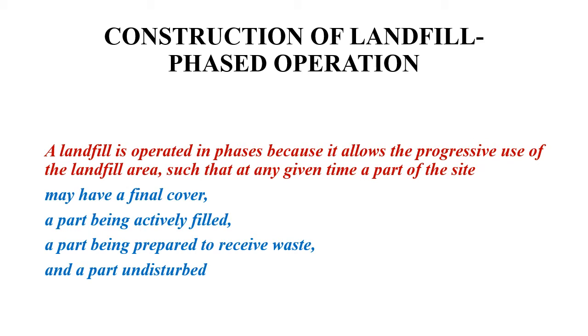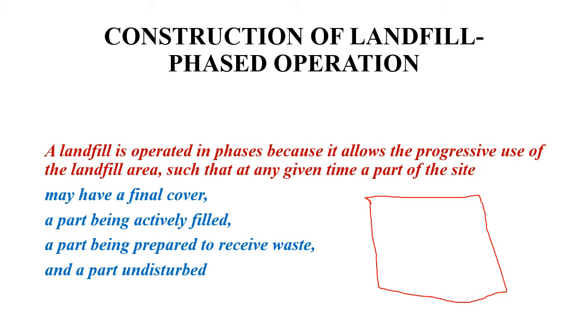So a phase basically implies a sub area of the total landfill area where your landfill is going to be constructed. Suppose this is the total area for landfill construction which is allotted to you in the site you have selected. Then you will not begin the construction of the landfill across the entire area.